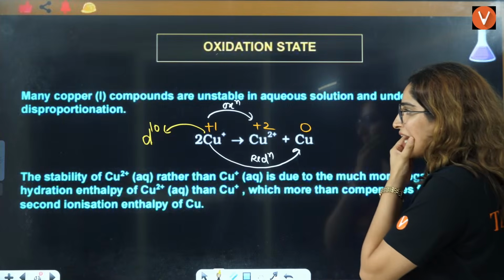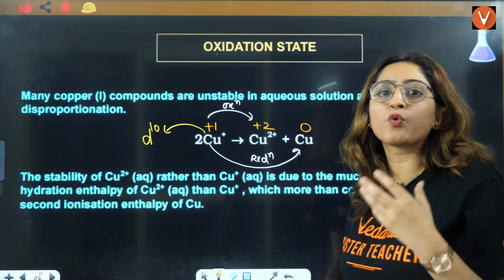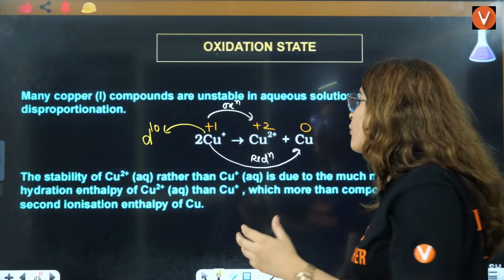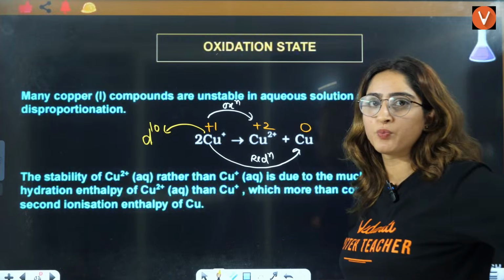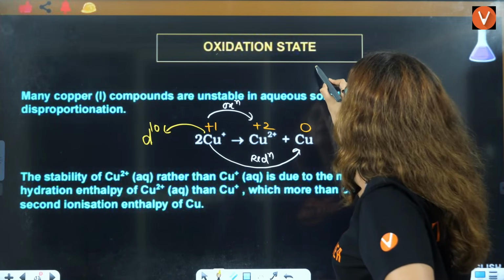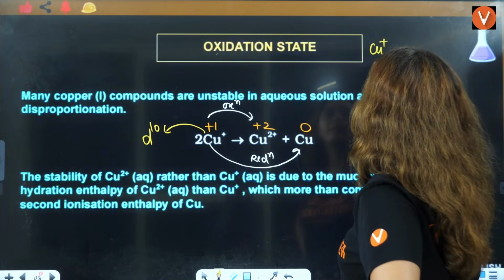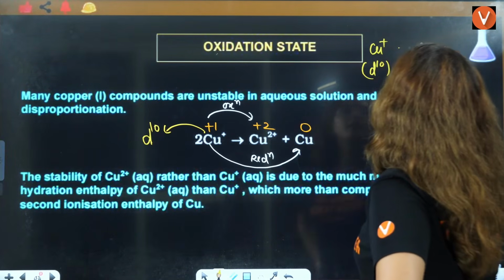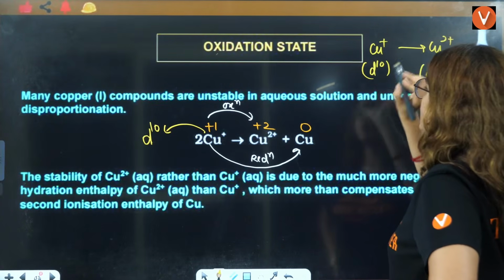Now the question is: I told you that this is the disproportionation reaction, so why is it happening? Why is this being converted to 0? Why is this being converted to +2? I told you that Cu+ has a d10 configuration, and Cu2+ has d9.